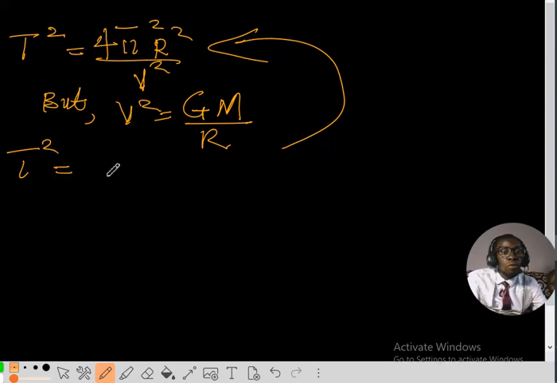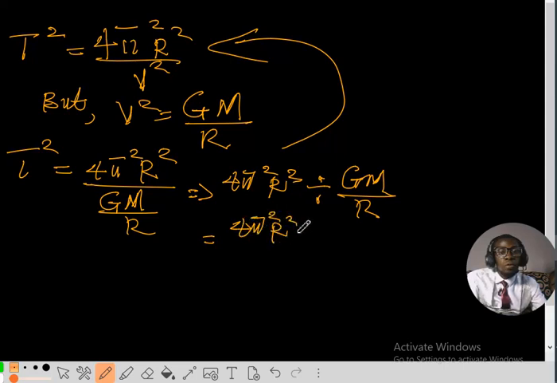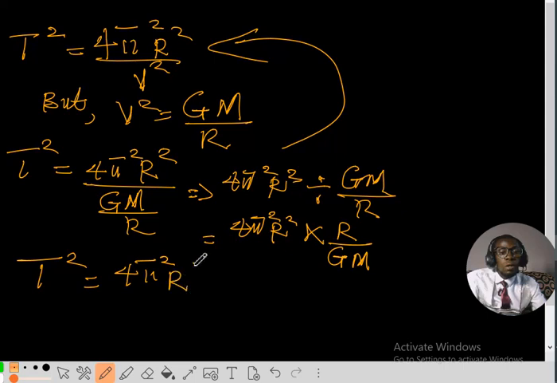T squared is 4 pi squared r squared divided by GM over r, which is 4 pi squared r squared times r over GM, and nothing cancels out. You have T squared equals 4 pi squared r cubed over GM.